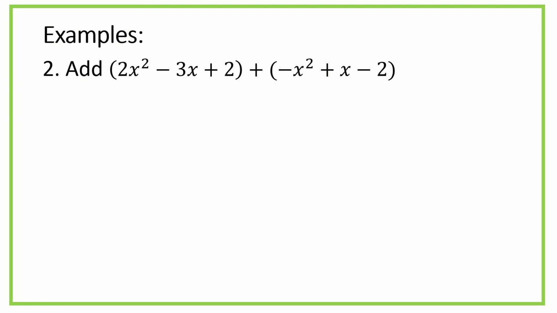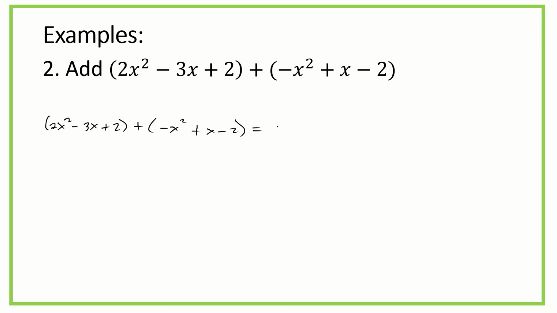Let's have example 2. We're now asked to add 2x squared minus 3x plus 2 plus negative x squared plus x minus 2. In my case, I would like to use the horizontal method for this one. So first of all, copy the given. That's 2x squared minus 3x plus 2 plus negative x squared plus x minus 2.